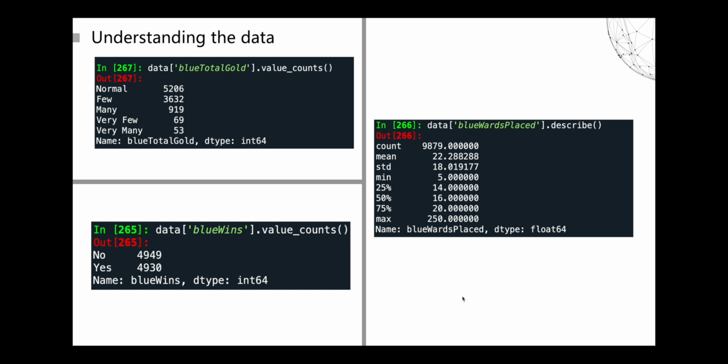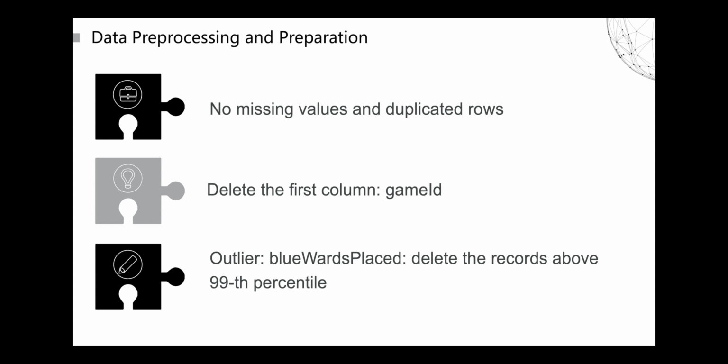Based on the report, there are no outliers in any numerical column except the blue wards placed column. For it, low records can exist, but too many can't, because of the facts of the game. So I decided to delete the records above the 99th percentile.